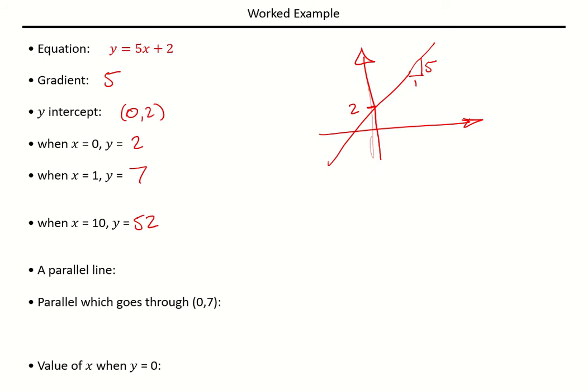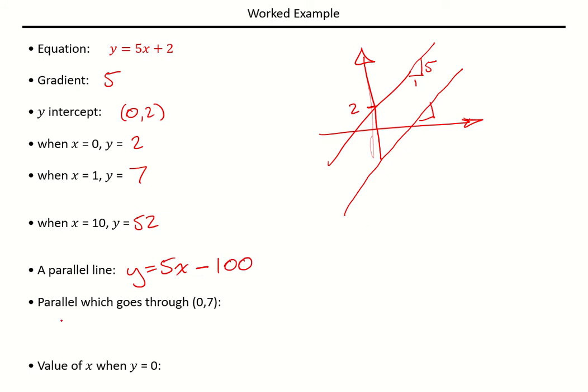Any parallel line. Well, a parallel line just means that it has to have the same gradient. So y equals 5x and then a random number here. Let's write minus 100. There we go. That's all the way down there.